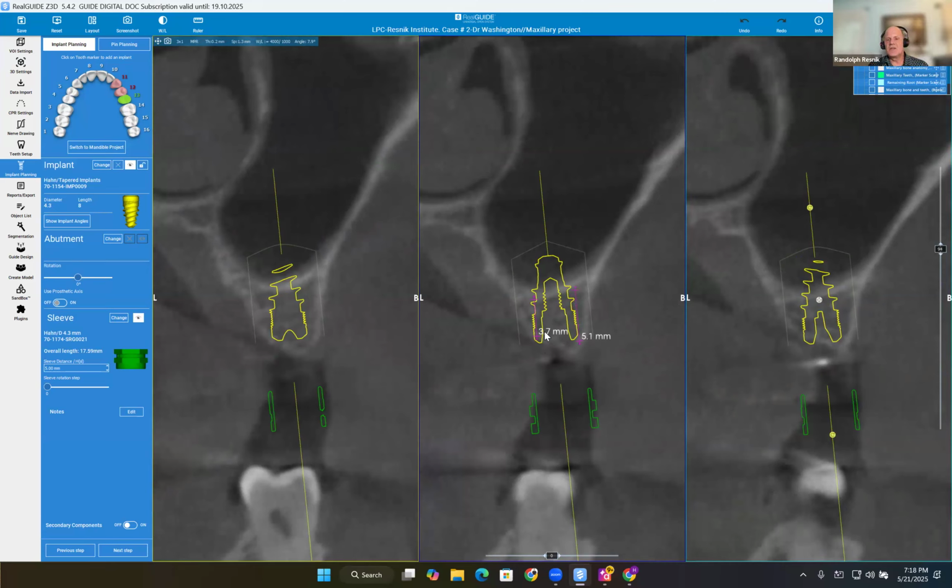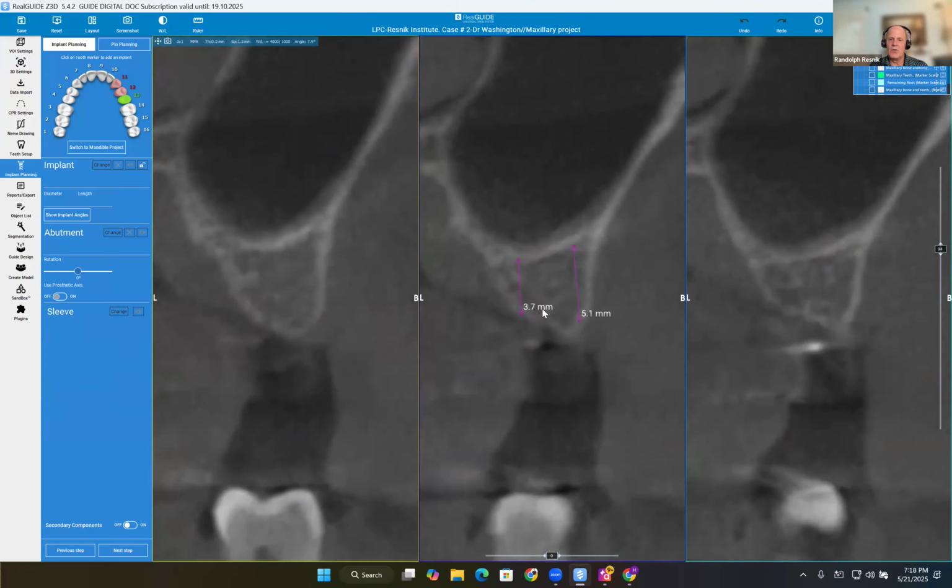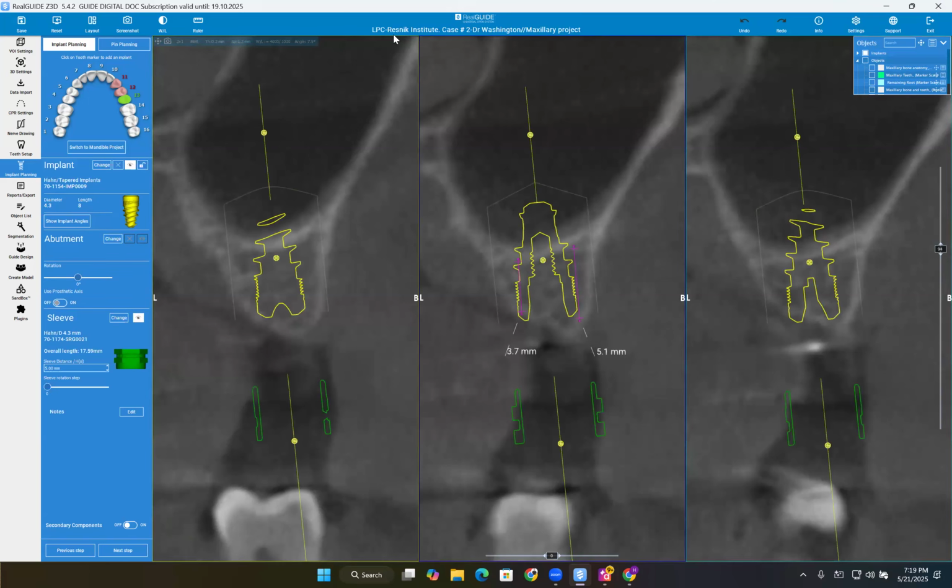Go ahead, sir. Okay, so Cole, remember we always measure from the least amount of bone. So if you look at that, on the buccal you have 5.1, but on the lingual you have 3.7. If you remember, we need 5 millimeters of host bone to do an SA3.